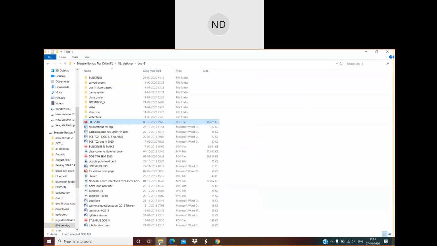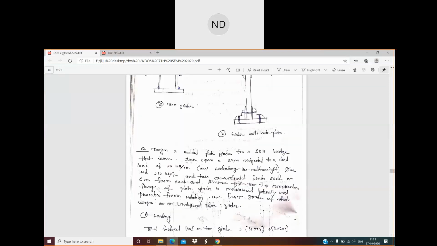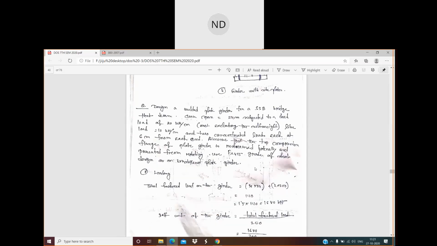Where were we? I think we were discussing the plate girders, the design of the plate girder. We had taken this problem.